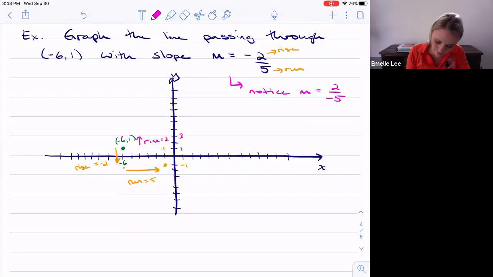Rise is 2. And then to the left 5. So 1, 2, 3, 4, 5, 1, 2, 3, 4, 5, 6, 7, 8, 9, 10, 11.